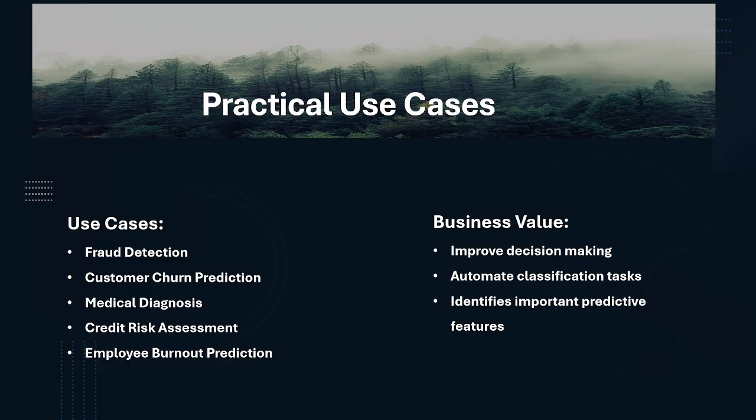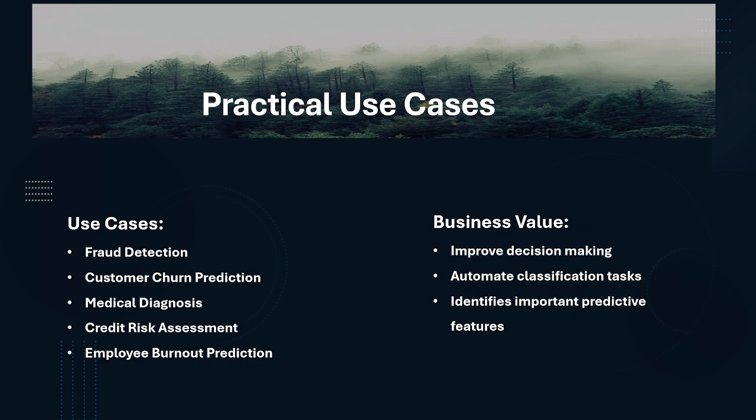Random forest classifiers are widely used across industries because they provide strong predictive performance with relatively low pre-processing requirements. Random forest classifiers provide a powerful balance between accuracy, robustness, and scalability, making them one of the most widely used machine learning models in modern data science.